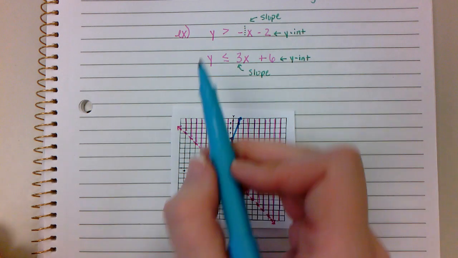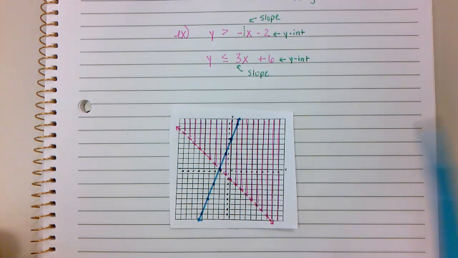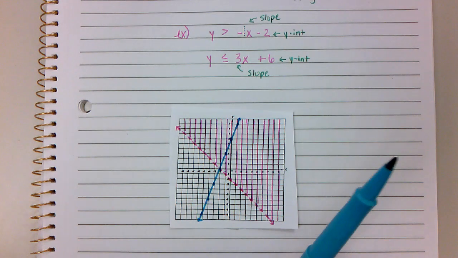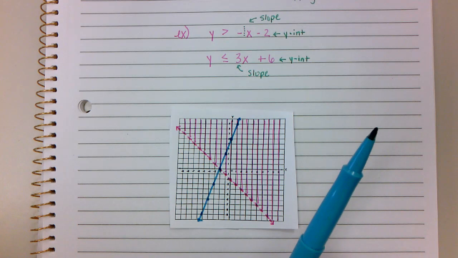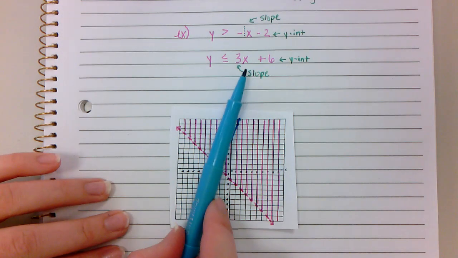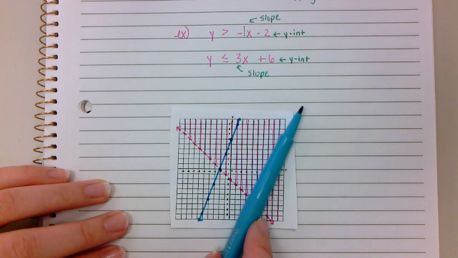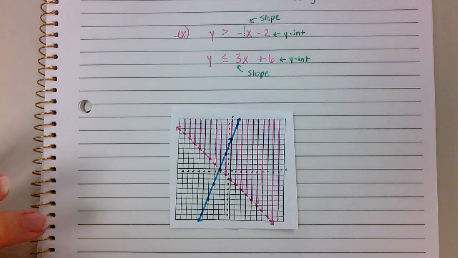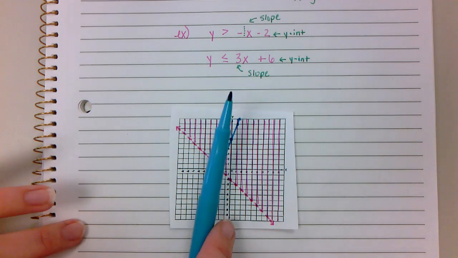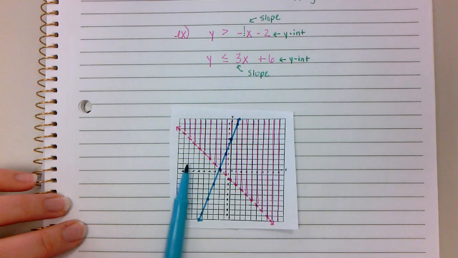And then I need to shade, it looks like everything less than that line. So everything less than that line would be everything that's underneath that line, which I know can be confusing because everything in our body wants to say, well, all of this space over here is like negative.